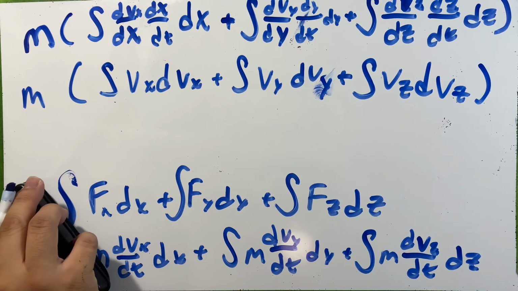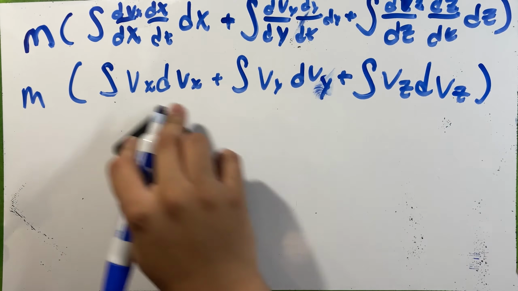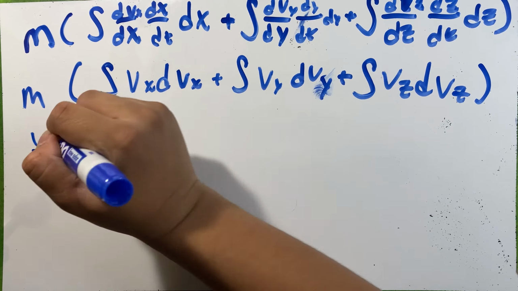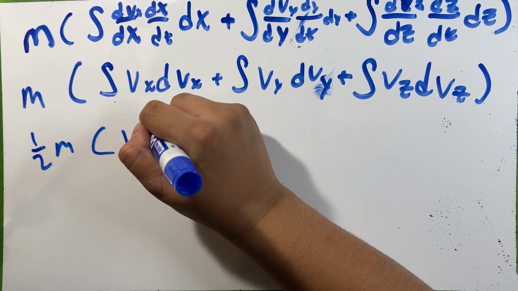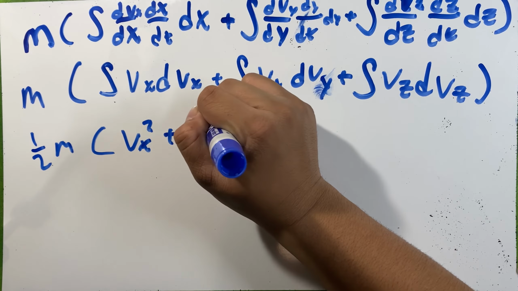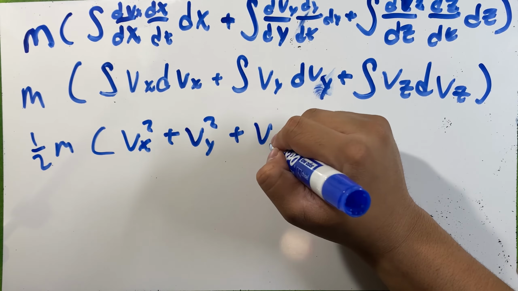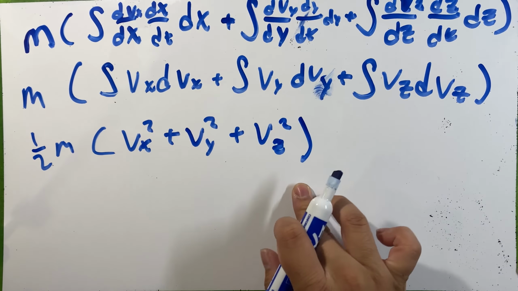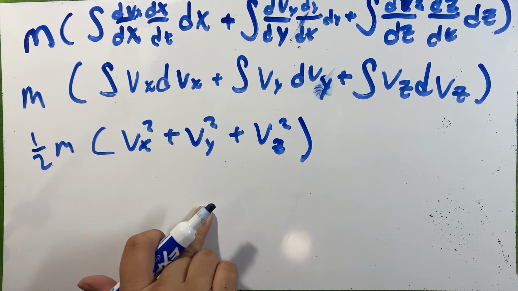And since these terms directly match up with those here, we just get 1/2 m times Vx squared plus Vy squared plus Vz squared.